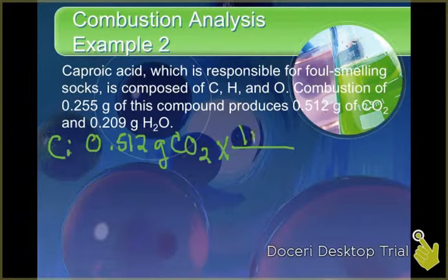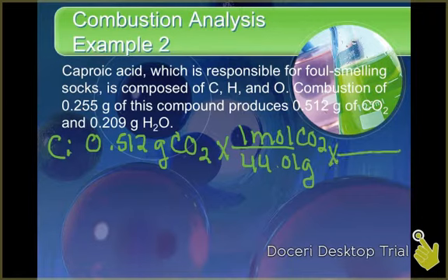So 1 mole of CO2 has a mass of 44.01 grams. We don't want moles of carbon dioxide, we want moles of carbon. However, we don't have a balanced chemical equation, so we can't do a mole ratio. So we're just going to look at carbon dioxide itself. In carbon dioxide, we only have 1 carbon, so we're going to say 1 mole of carbon for every 1 mole of carbon dioxide.